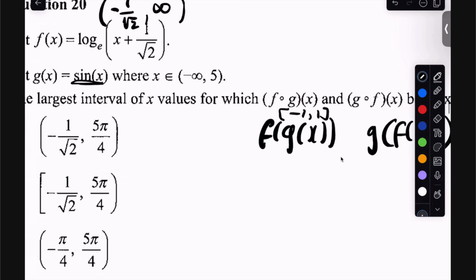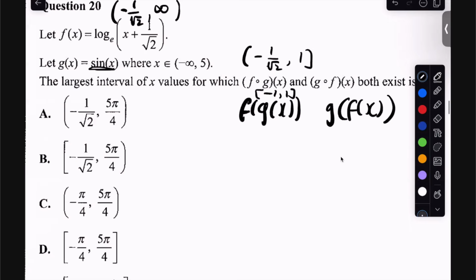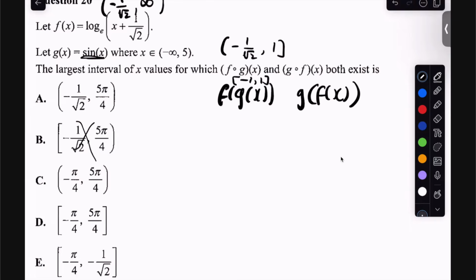So we have to restrict this domain to be -1 on √2, because that is bigger than -1 to 1, and the -1 on √2 is not included. So we can definitely eliminate this, and we'll see what we can do next.